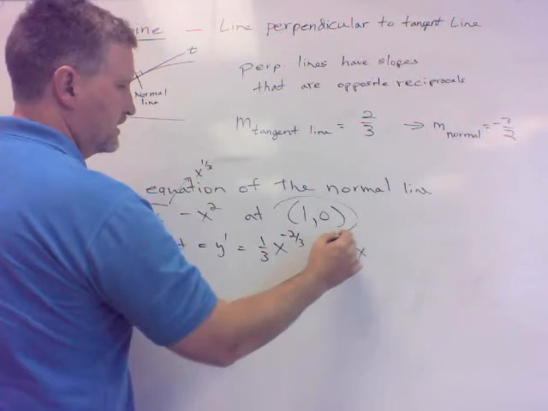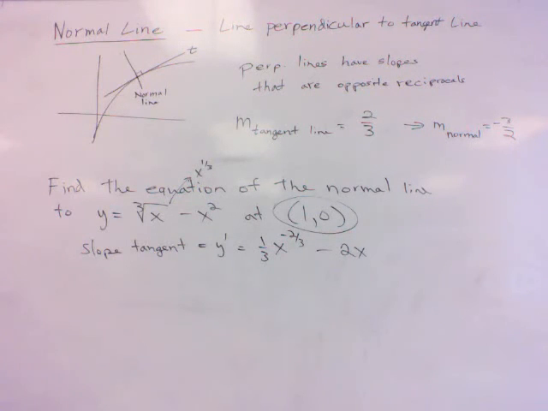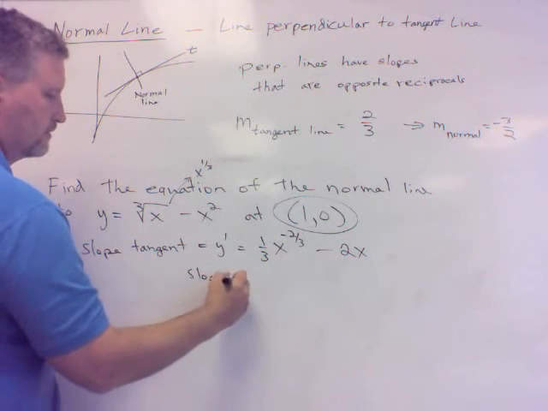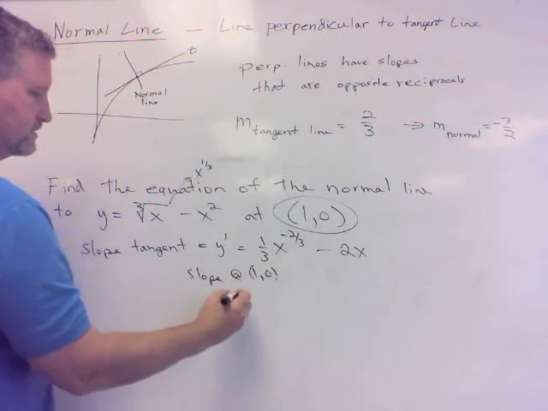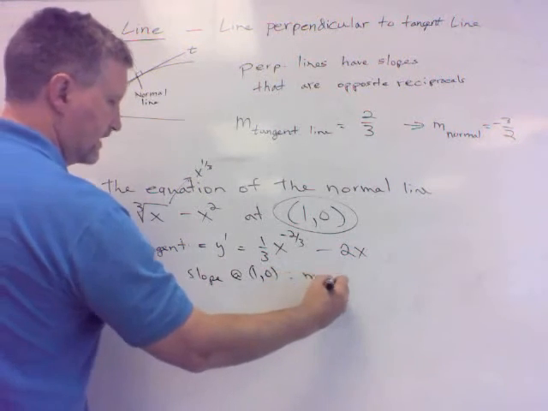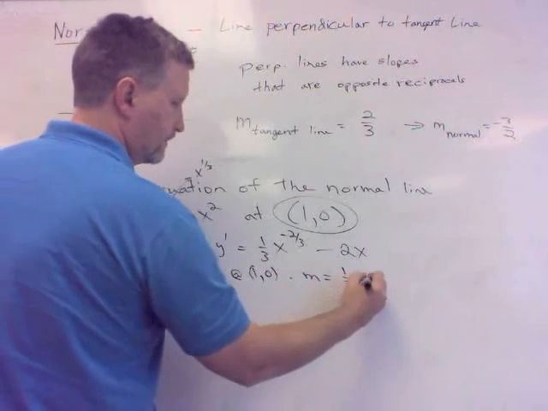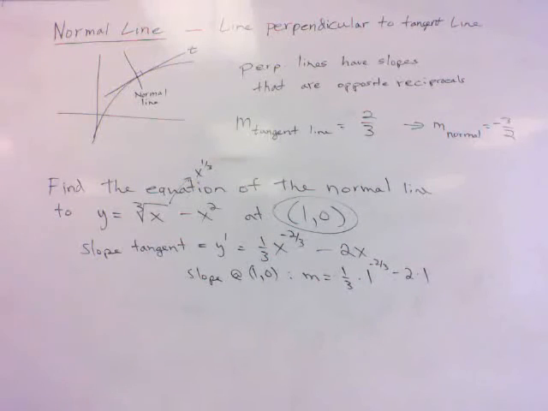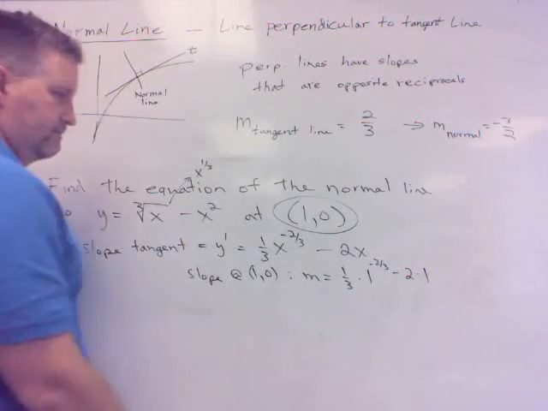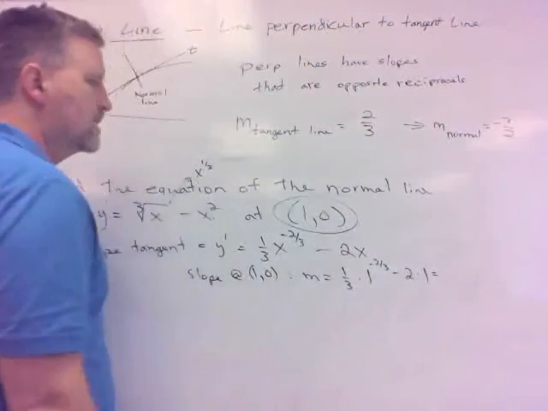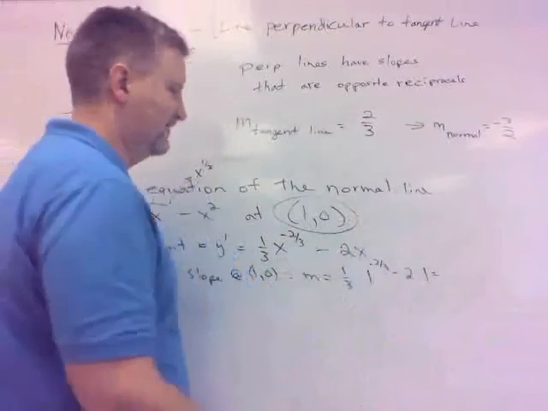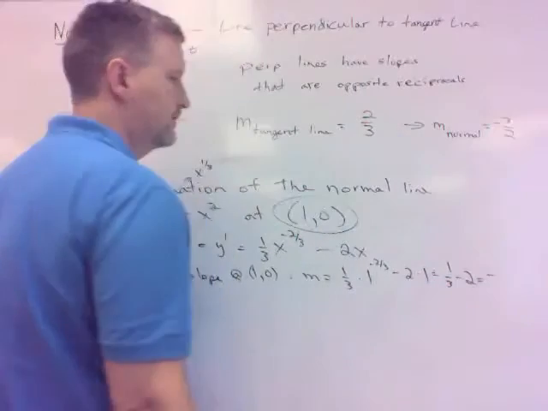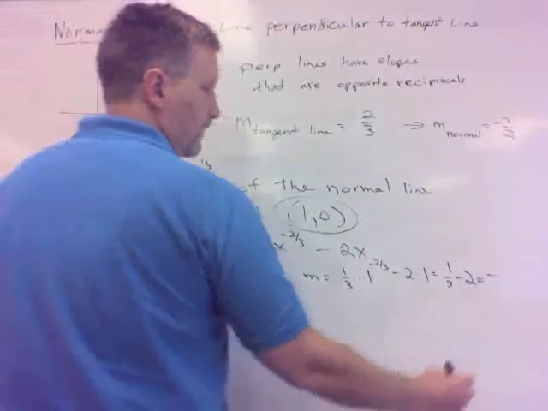In particular, I'm interested in the slope at (1, 0). Well, x is 1, so the slope of your tangent is 1/3 minus 2, which is -4/3.